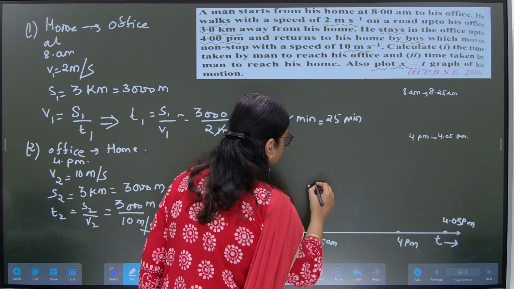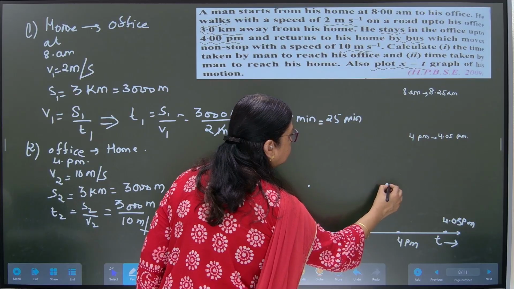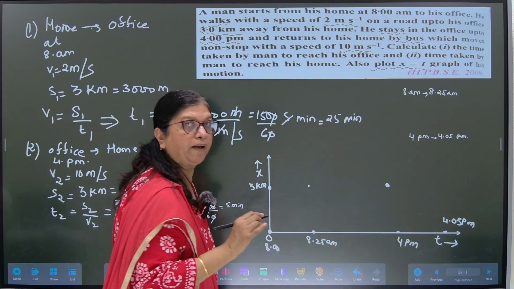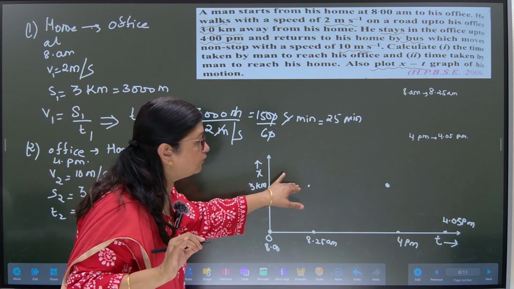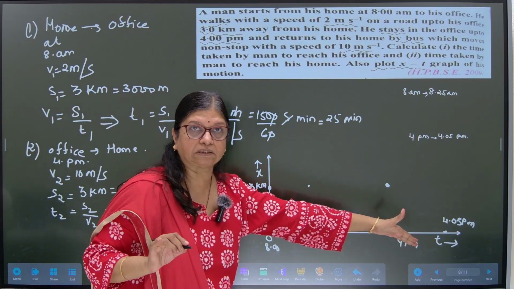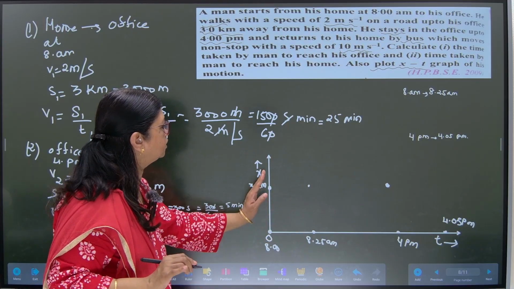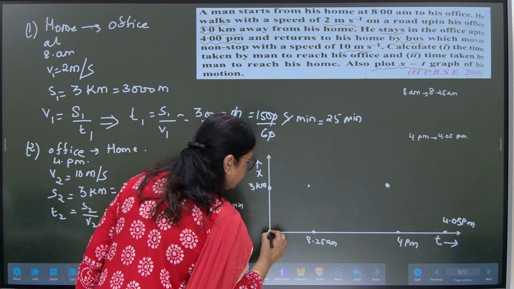Then at 3 kilometers from his home, he remained in his office till 4 o'clock. So I put another point. So this, if you remember, is a stationary body, which is parallel to the time axis. Here as the time is increasing, distance is also increasing. So what kind of a graph will I get?